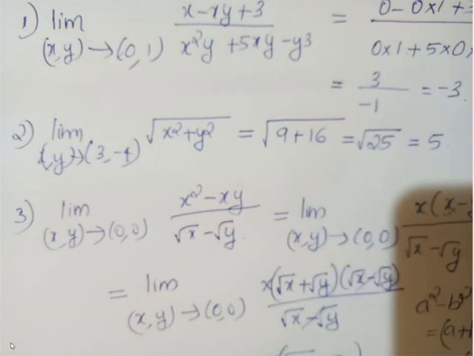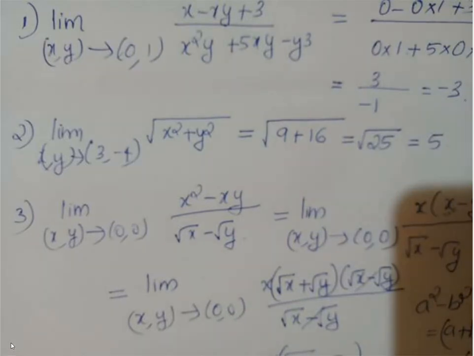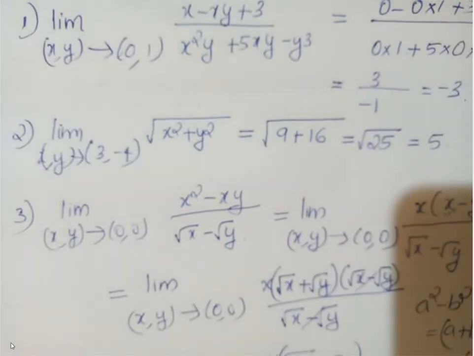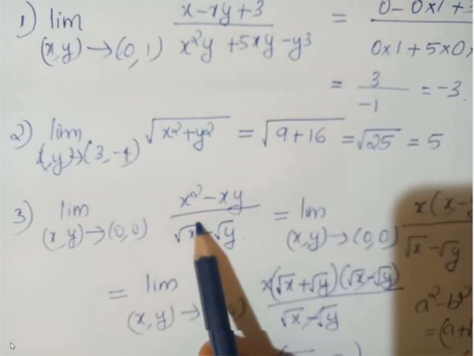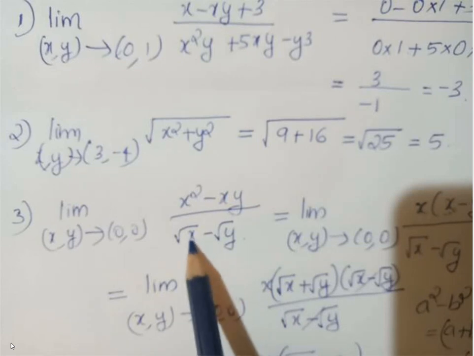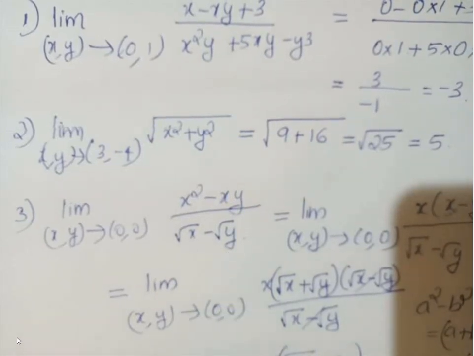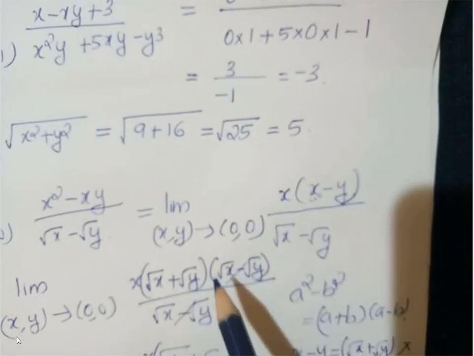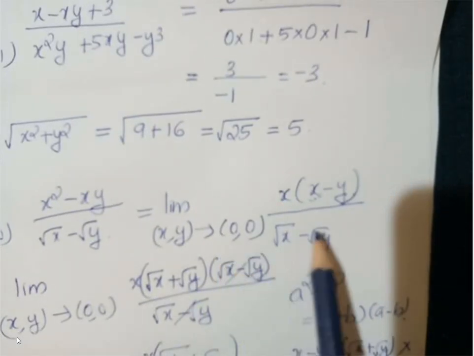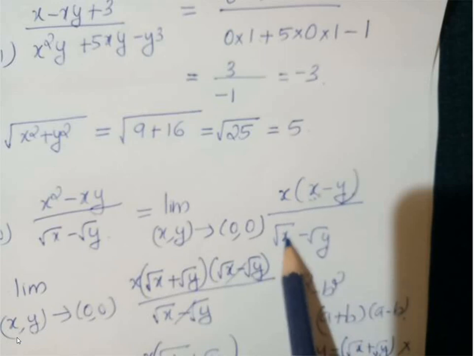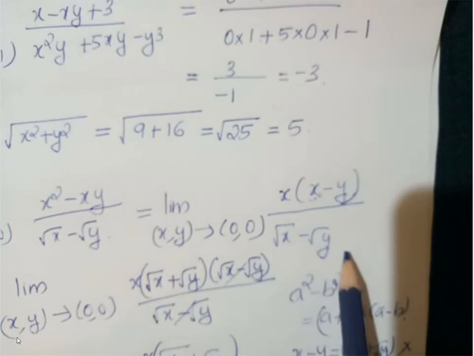The third question is given by limit (x, y) tends to (0, 0) of (x square minus xy) divided by (root x minus root y), which is equal to limit (x, y) tends to (0, 0) of x into (x minus y) divided by (root x minus root y), right?